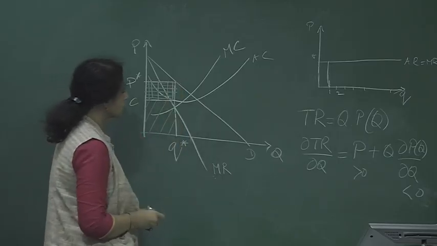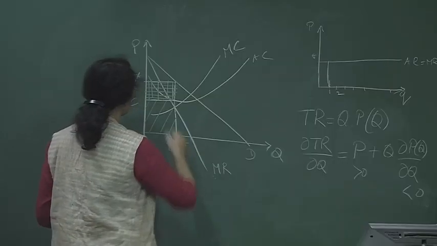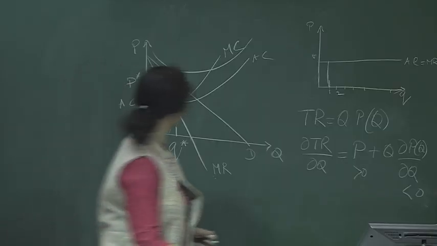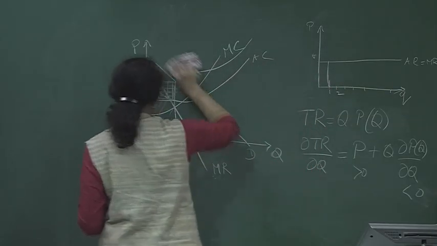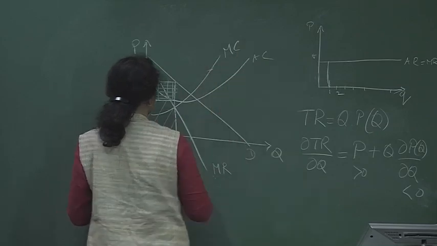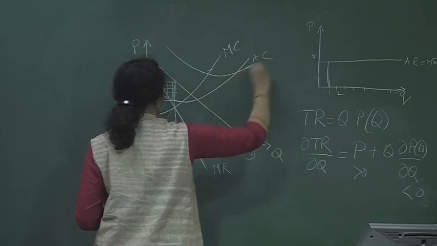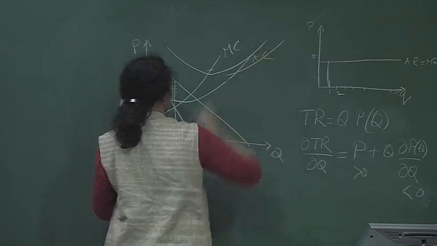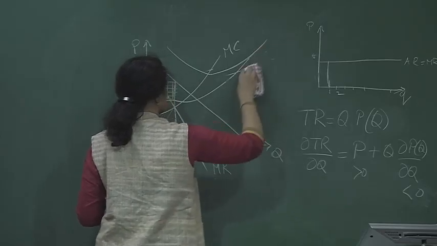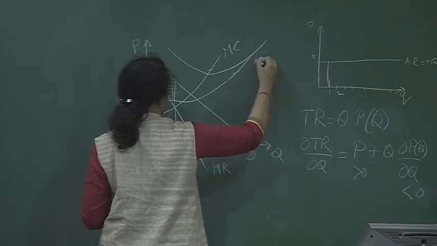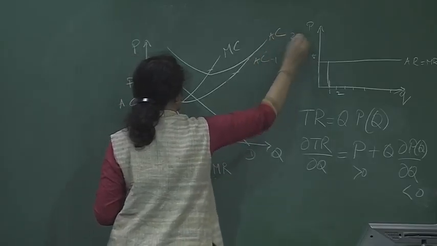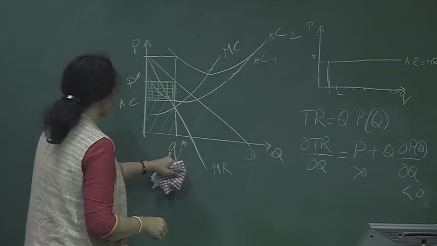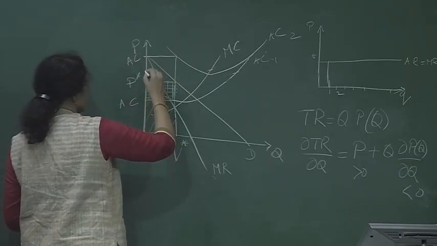So, this rectangle is his profit. But if his average cost curve looks something like this, then his cost of producing Q star is very high at AC2.